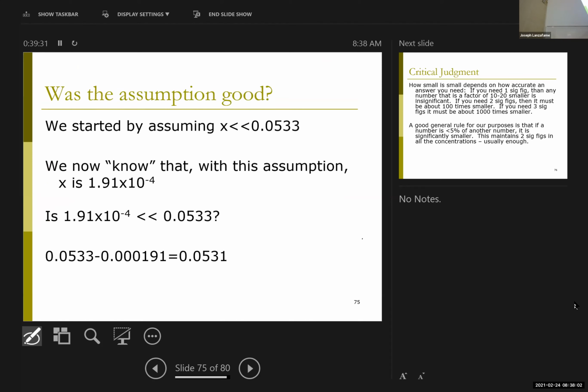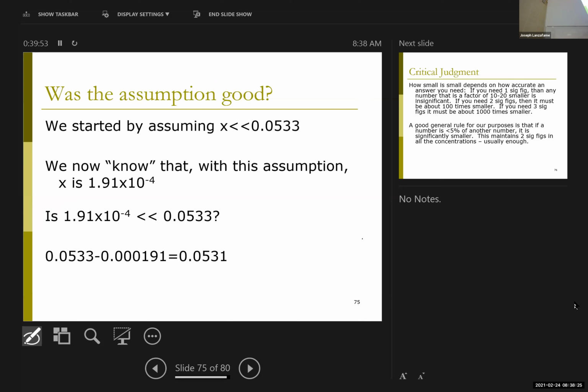It is not like Bill Gates giving you $100, which is 5 digits to the right of his net worth. Right, 0.0533 minus 0.000191 is 0.0531. It's not the same. On the other hand, it's not a huge difference.